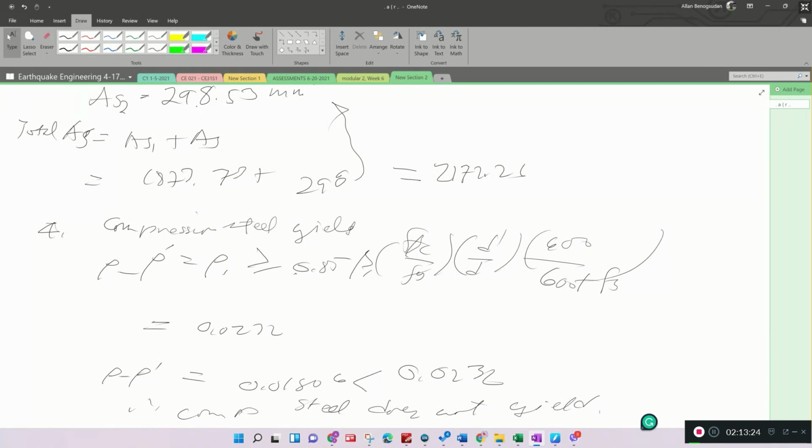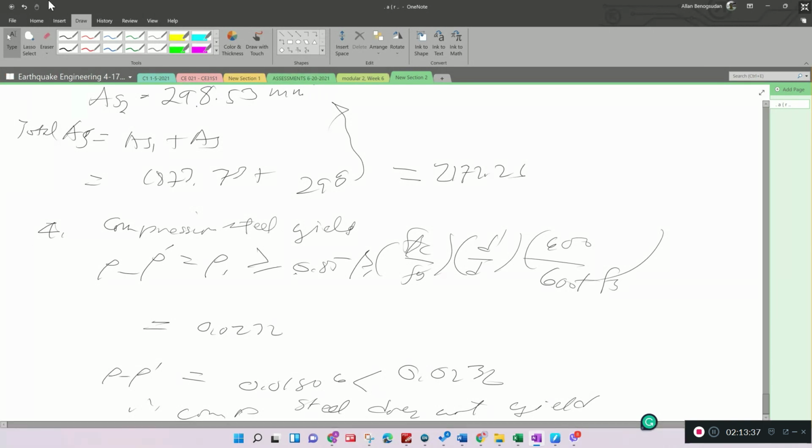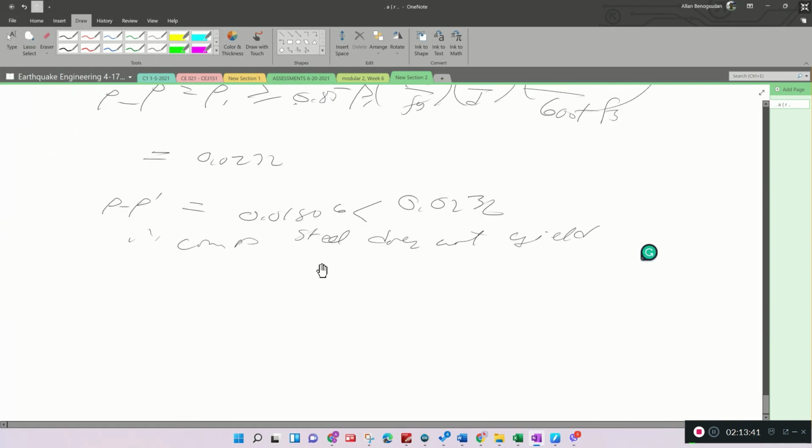Marami na tayong wala. Pero sabihin ko sa inyo, anybody who can say? Maybe si Oblioska, what can you say when we say compression steel does not yield? Anong ibig sabihin? You can say it in Tagalog if you like. Oblioska, are you there?